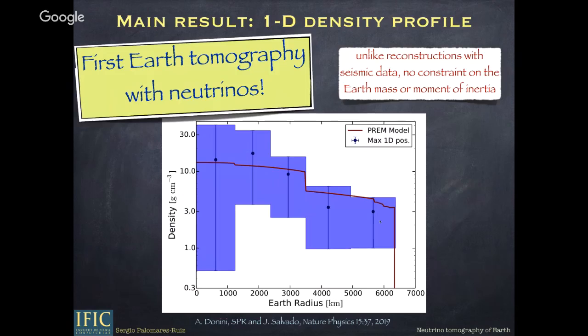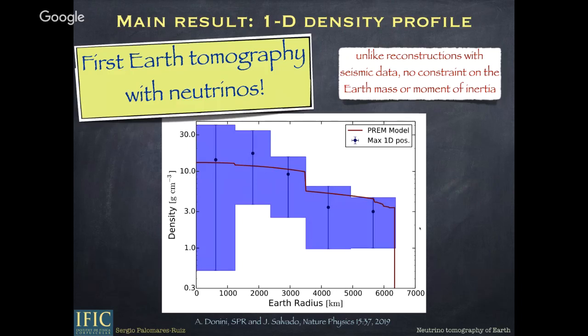In red, you see the PREM profile, and in blue, the dots and the histogram represent the 2 sigma, 95% confidence level measurement of the density of the 5 layers of the Earth. So you see that our determination of the density profile with the neutrino data is not that precise, but it agrees completely with the geophysicists' measurement.